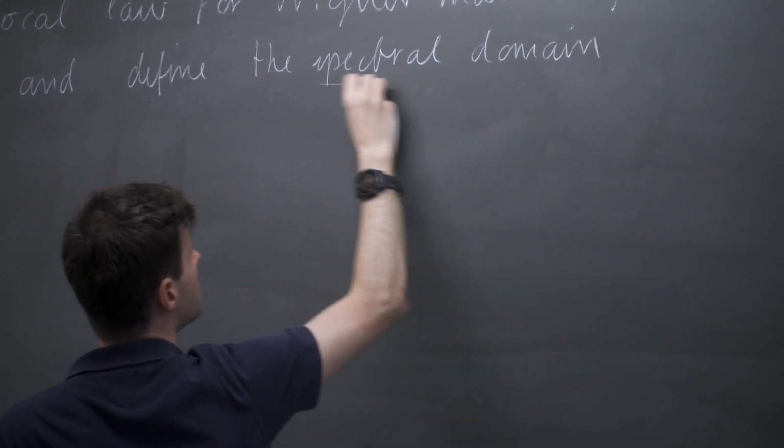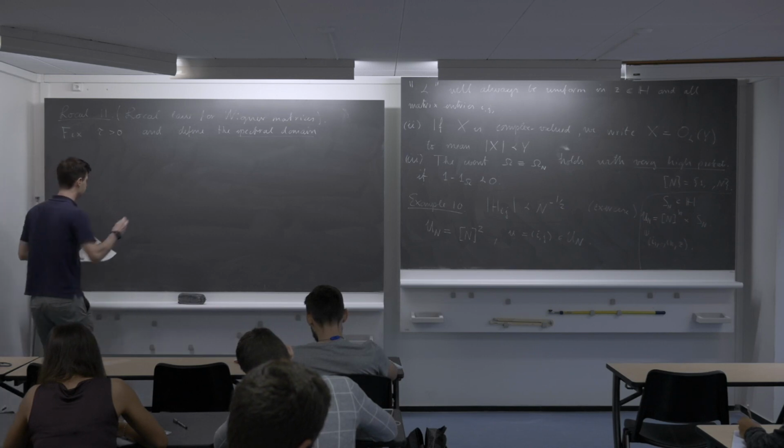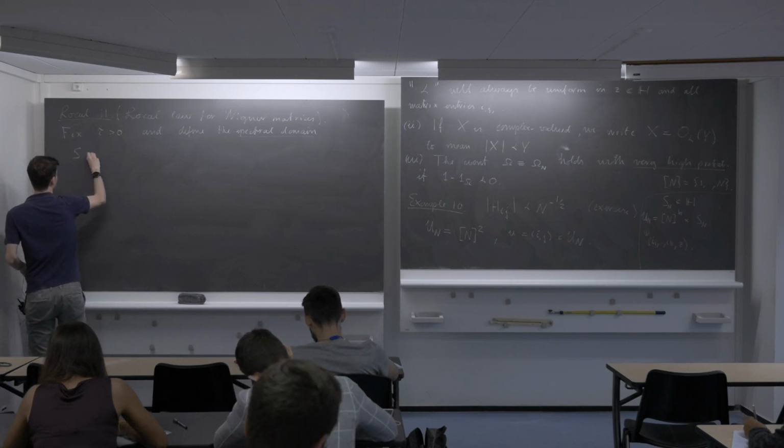It's often called the spectral domain because it's the domain of z, and z is called the spectral parameter.